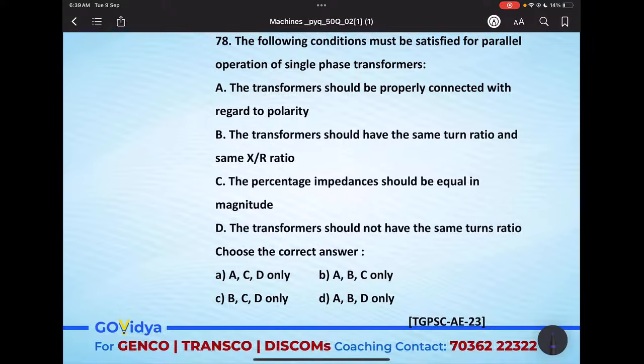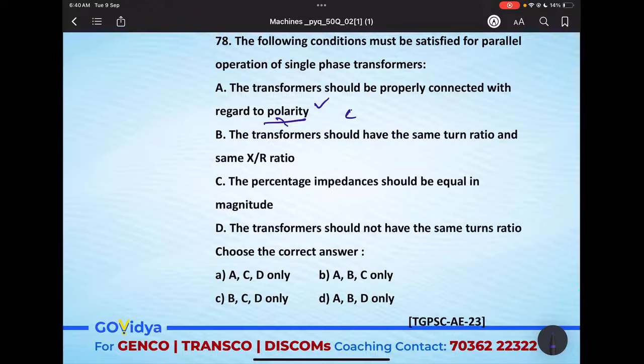The next question is about the following conditions that must be satisfied for parallel operation of single phase transformers. The transformers should be properly connected with regard to polarity. Yes, it is true. If polarity is not the same, what will happen?